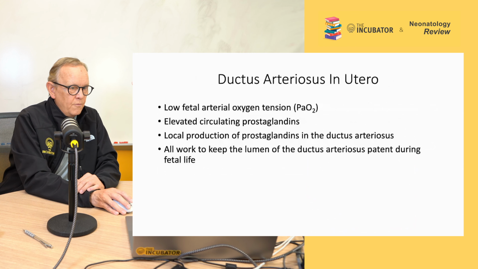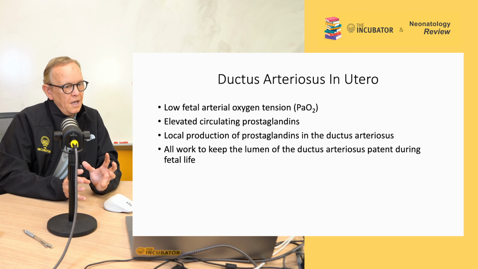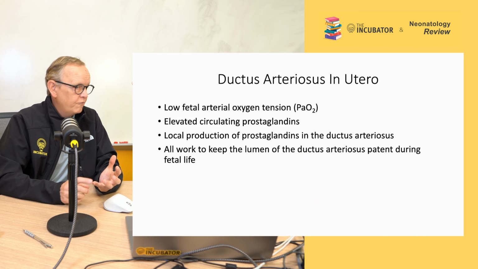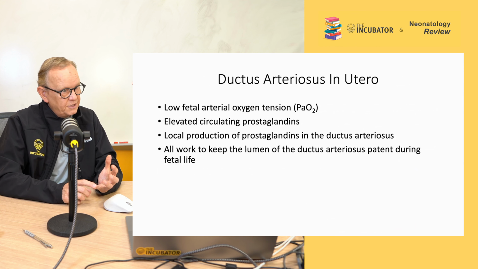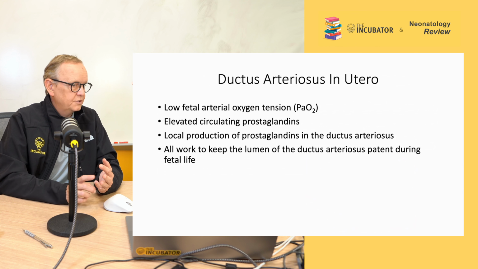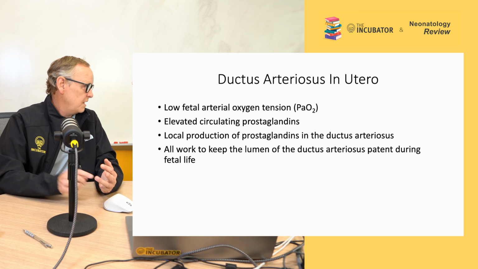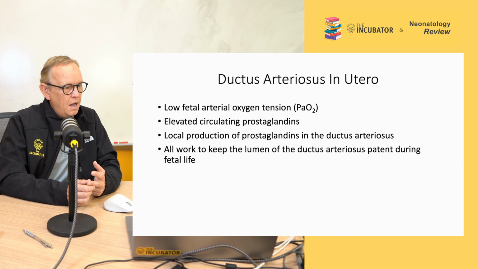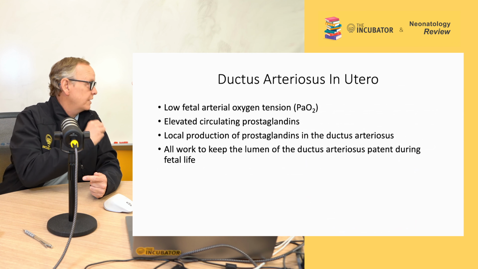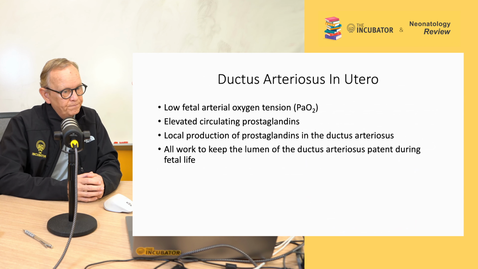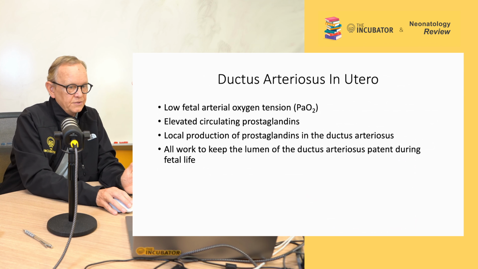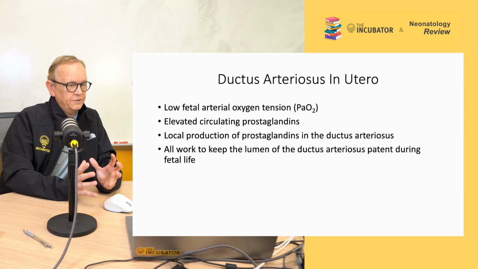We know that the ductus in utero is kept open by low fetal arterial oxygen tension, an elevated concentration of prostaglandins circulating mostly from the placenta, and local production of prostaglandins in the ductus itself, and all this continues to keep the ductus open.